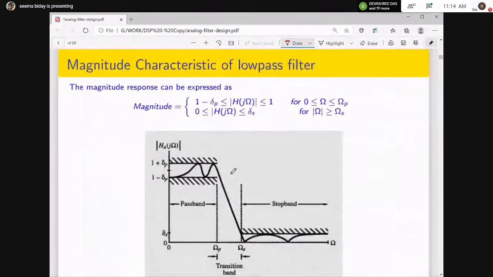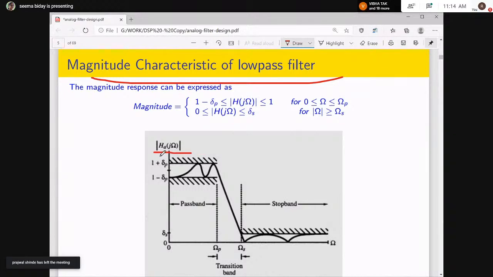That's why this is the magnitude characteristic of a realizable or practical low pass filter. Now, see here, the magnitude is on this axis, HA of j omega. A means analog filter. We are focusing on analog filter.